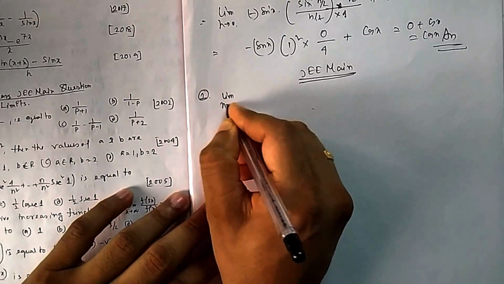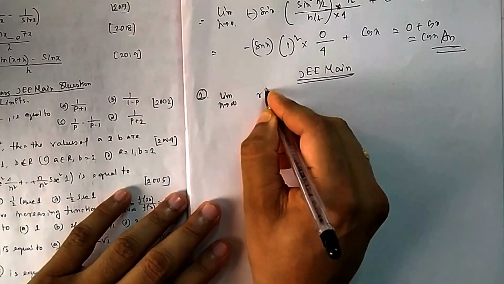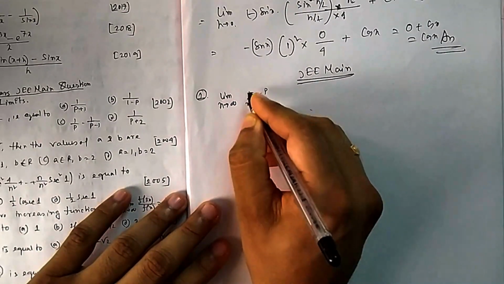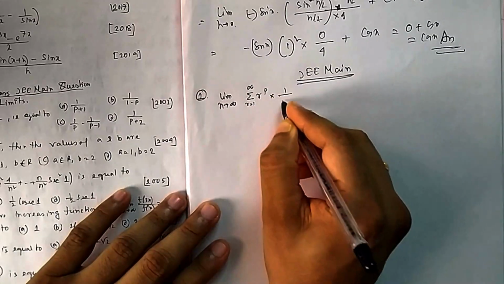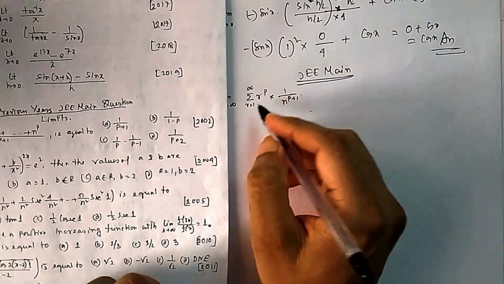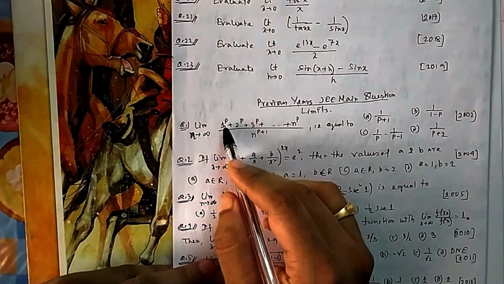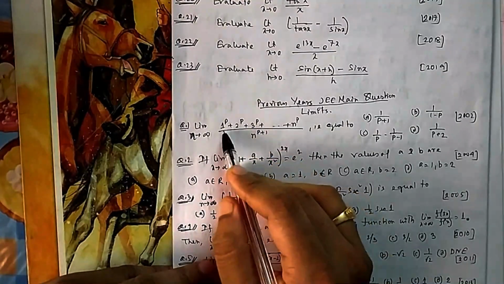So if you write it in this way, limit n tends to infinity, you can write it as r to the power p, summation r is equal to 1 to n, and then divided by n to the power p plus 1. You can write it because this is 1 to the power p, then 2 to the power p, so this is r, and r is changing from 1 to n.